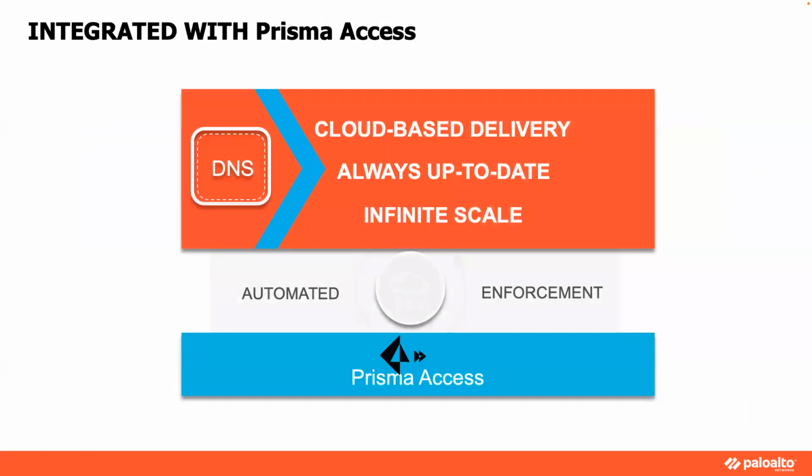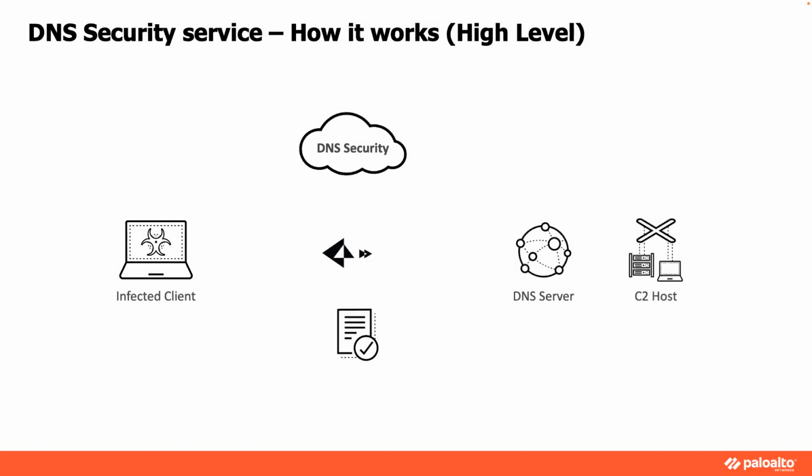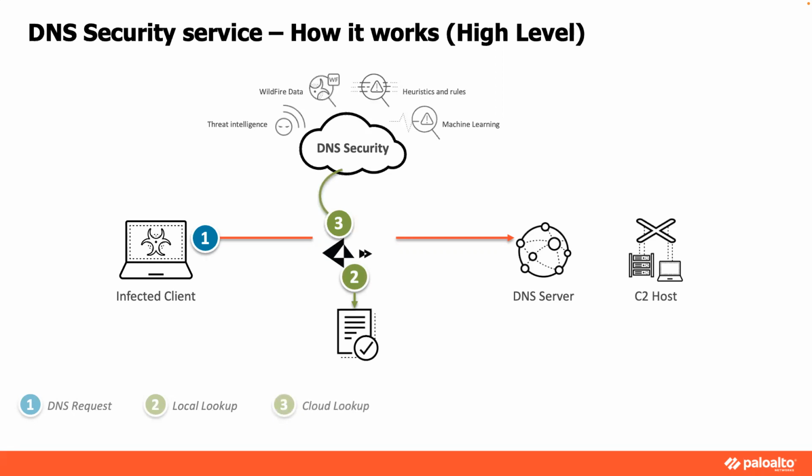We have a cloud-based solution, much like we do with WildFire, that allows us to do automated enforcement. Basically, the way it works is if an infected client goes out to a DNS server, we can do a local lookup, but if it's something that's not been resolved, we can send that to our DNS security cloud, much like we do with files for WildFire, and go, hey, you know what?